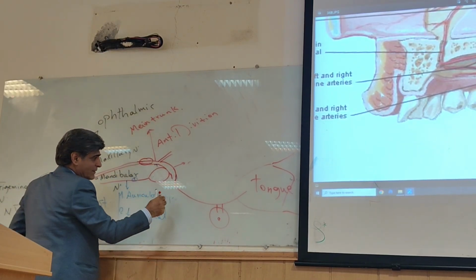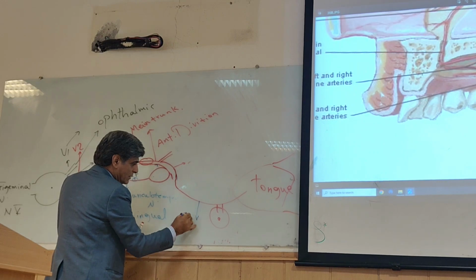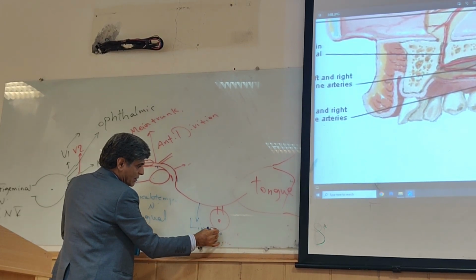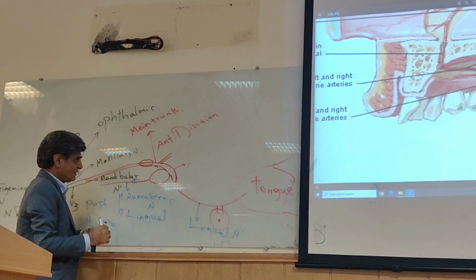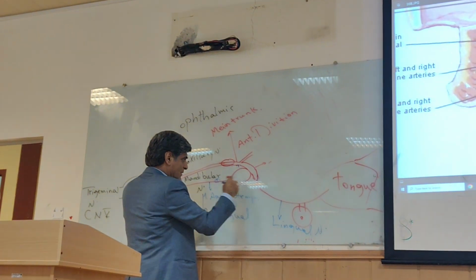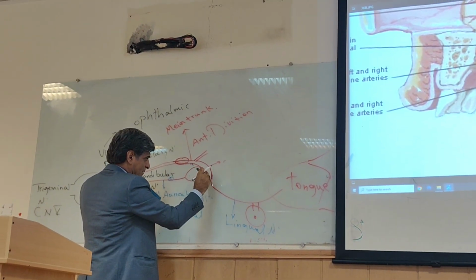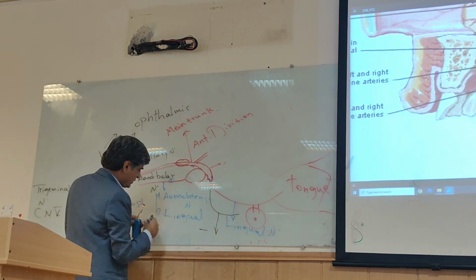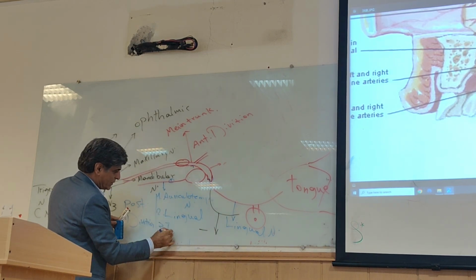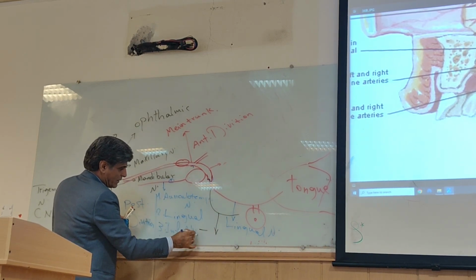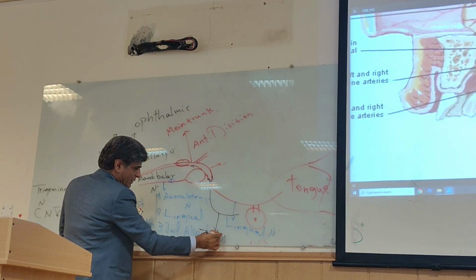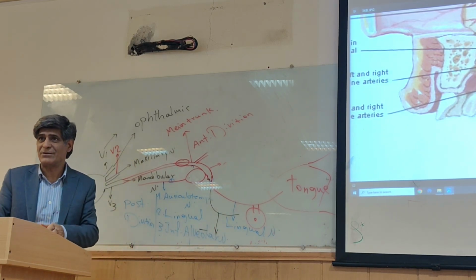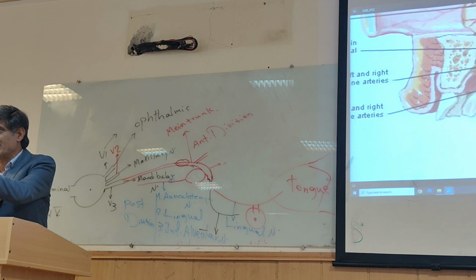This nerve is the lingual nerve. And the final branch, three, the inferior alveolar nerve.